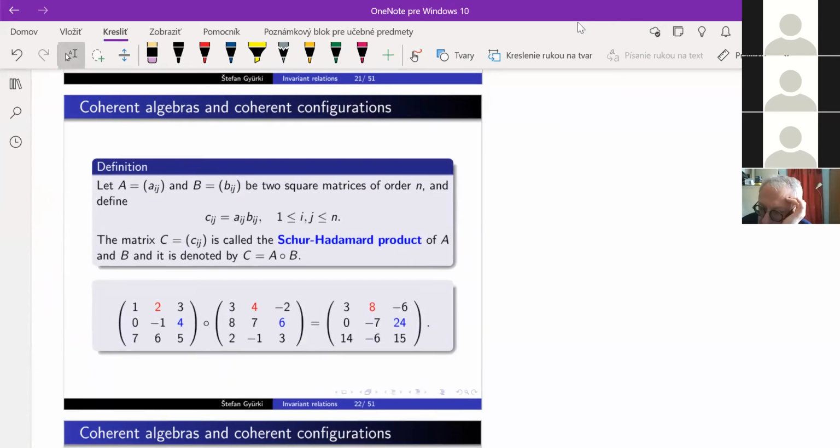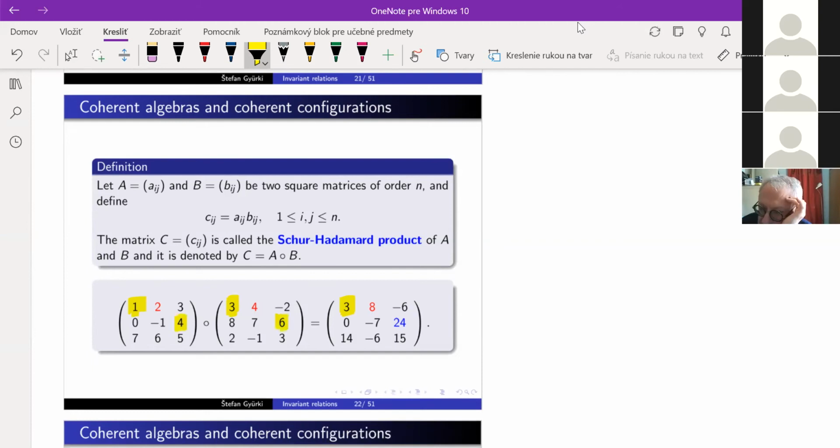If we take two square matrices of order n, then we can define a product which is called in the literature the Schur-Hadamard product of A and B. This is precisely the matrix product which many students would prefer when teaching matrix multiplication, because it is defined precisely so that I obtain the element in the first row and first column by multiplying the corresponding elements from the first matrix and the second matrix.